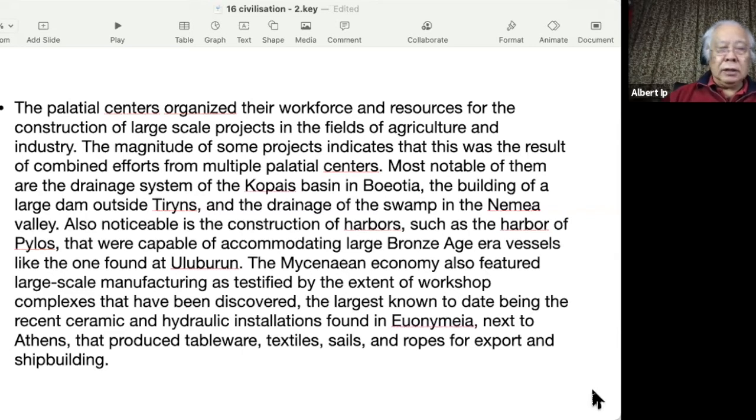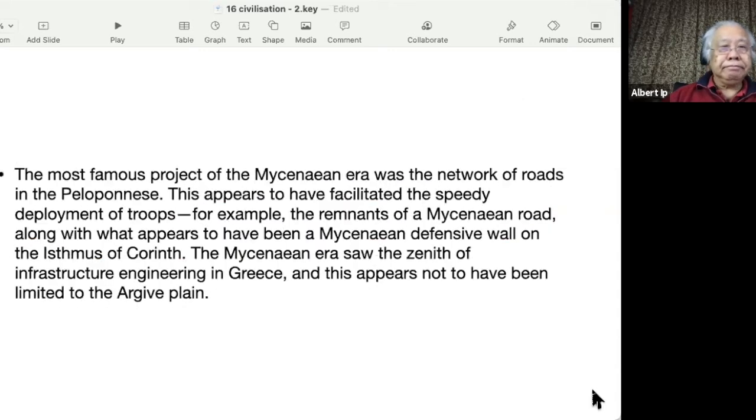So again, the concentration of power by government sometimes is useful in terms of large-scale projects. I think that is something we can learn lessons from. But again, for any large-scale government, corruption and the concentration of power do become an issue.